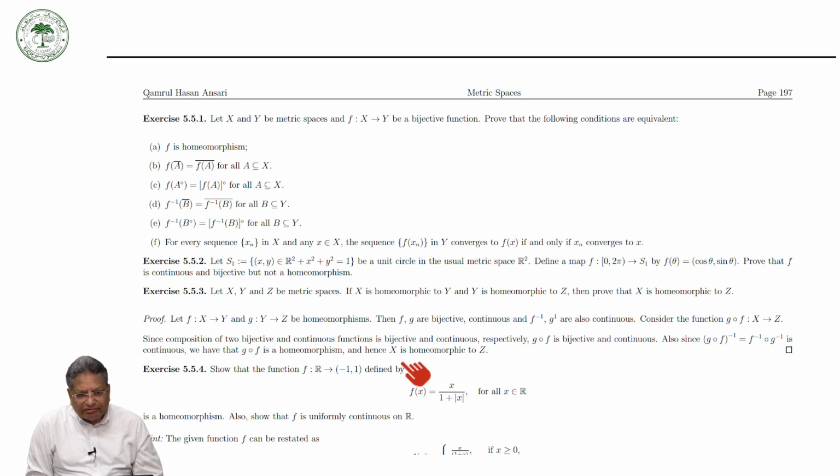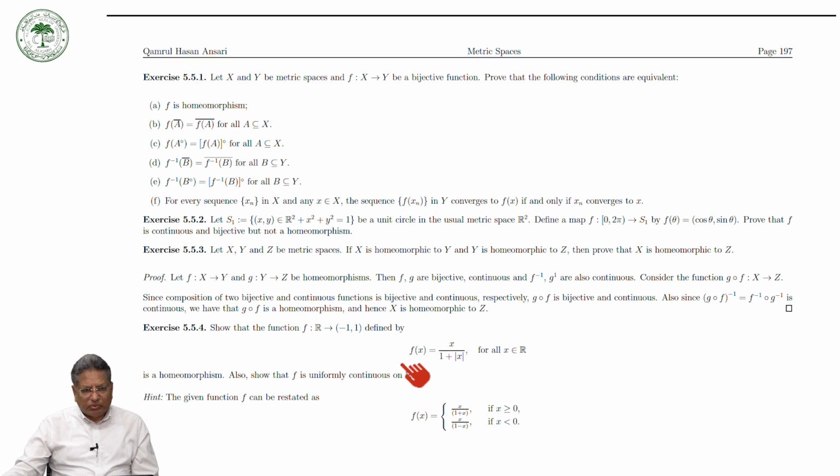Again, we have several exercises related to homeomorphism. As we have seen several characterizations of a continuous function, similar characterizations we have here for a homeomorphism.